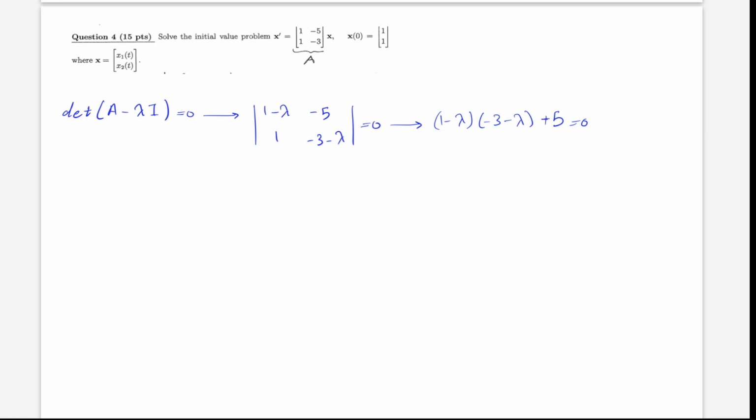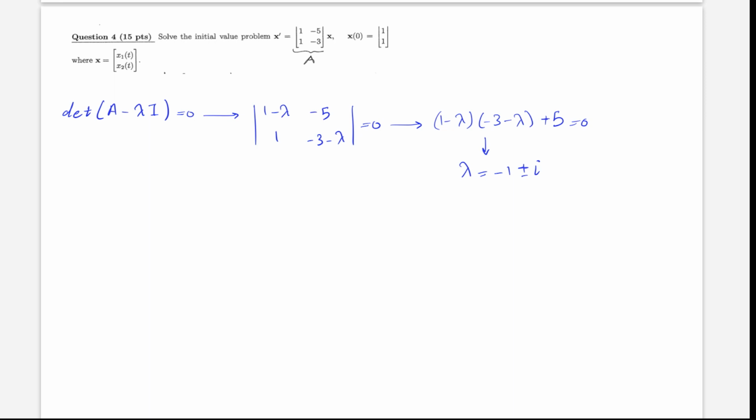And from here, if we want to find lambda, lambda will be minus 1 plus or minus i. So we found lambda as complex numbers.